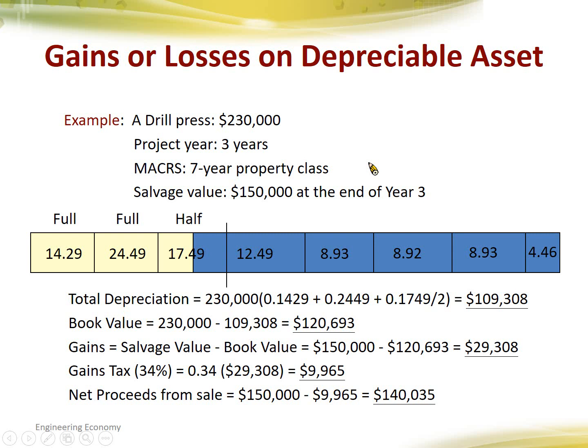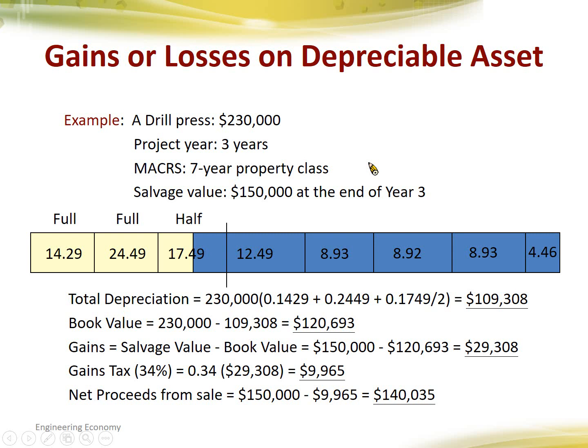If we have a salvage value higher than the book value, here the book value based on the computation, the original cost basis is 230, and after depreciating these three amounts, right?